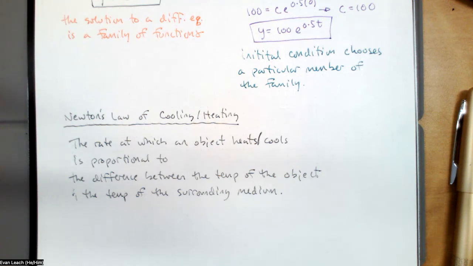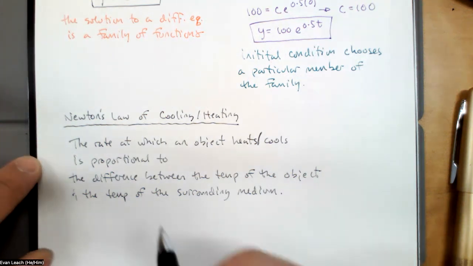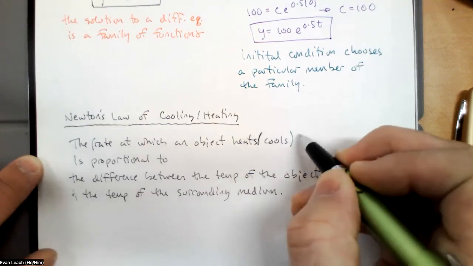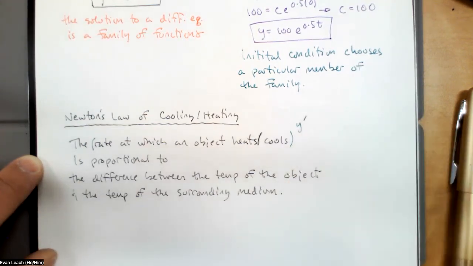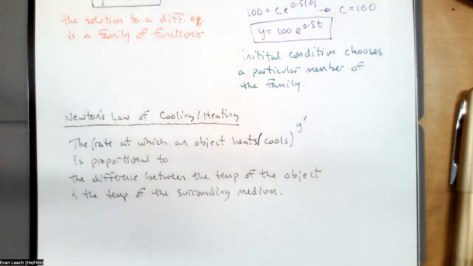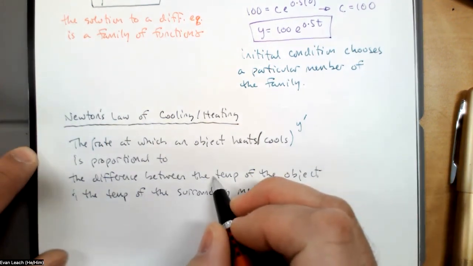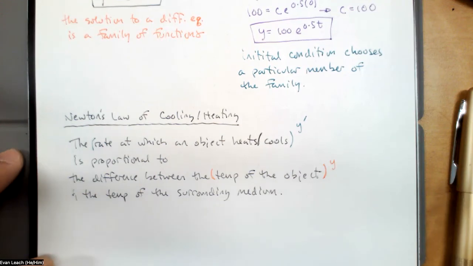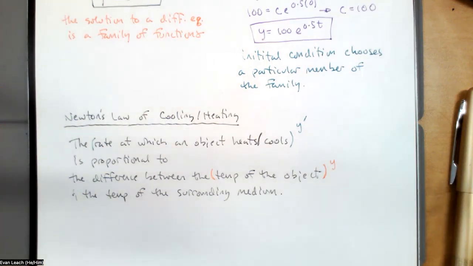The rate at which an object heats or cools, this is the derivative. The temperature of the object is still the function. We're concerned with the difference between the temperature of the object and the temperature of the surrounding medium.